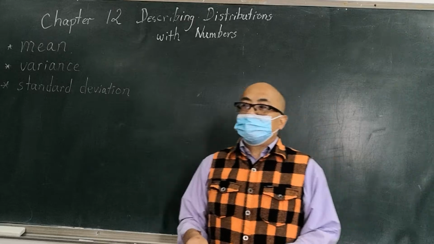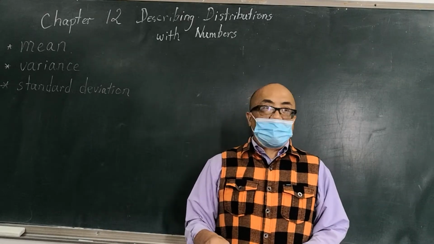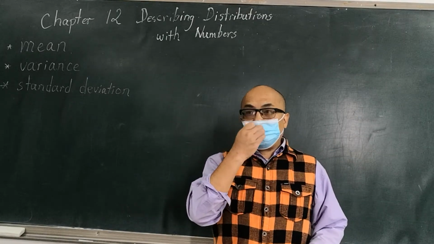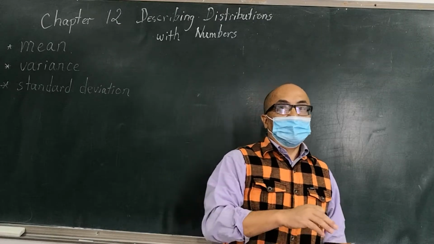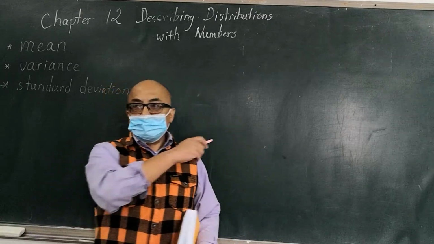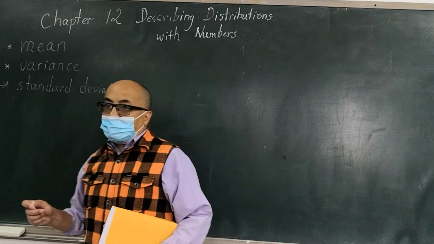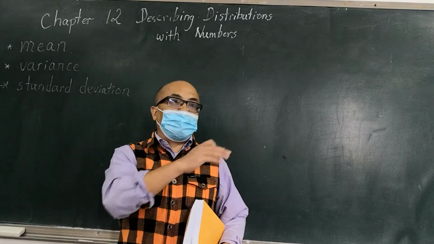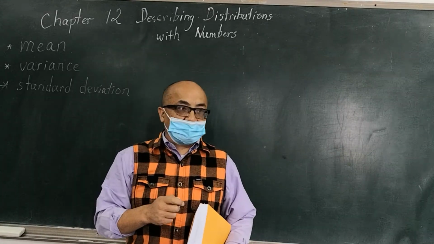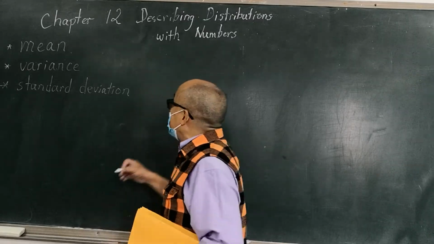For example, if we want to find out how expensive the housing is in an area, how do we do it? So we go to visit every house. What's the price for that house?